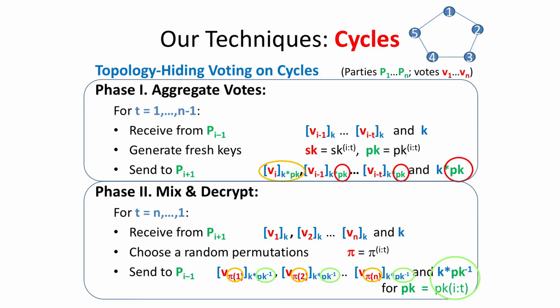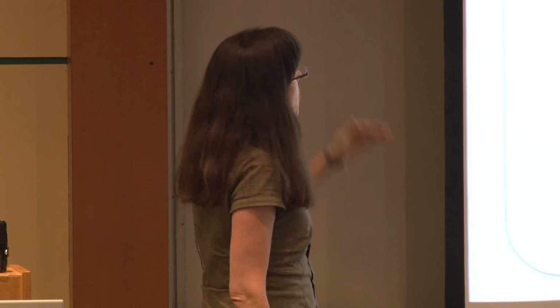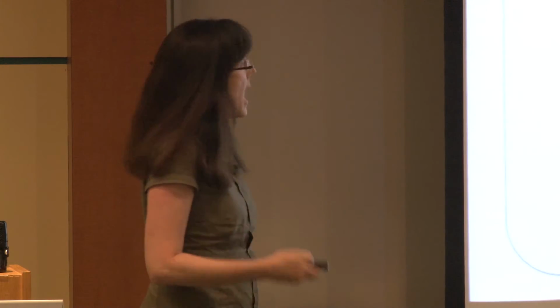So now we have the list increased to include one more vote, and it's wrapped by another layer, the layer of the player Pi. When we end this phase, we have a list of all votes wrapped by one layer for each of these players. And now what we're going to do is shuffle this list and delete the layers.